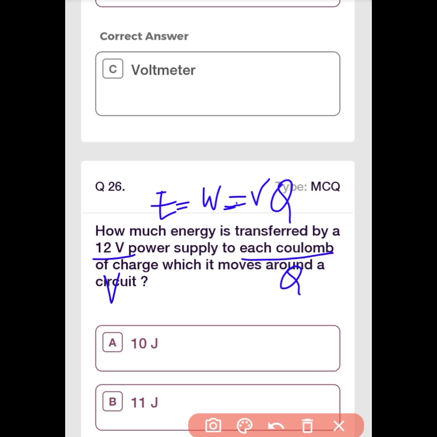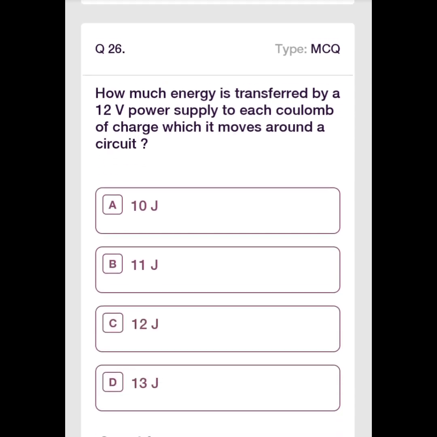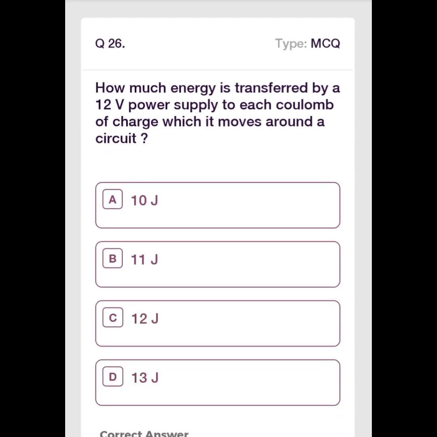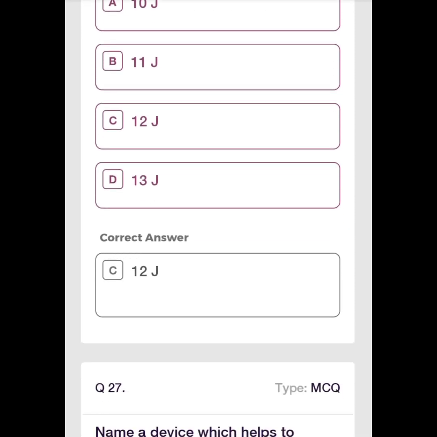Each coulomb means 1 coulomb. So therefore 12 into 1, that will give you energy. Energy is equal to 12 joule. Option A is 10 joule, option B is 11 joule, option C is 12 joule, option D is 13 joule. Answer is option C, 12 joule.